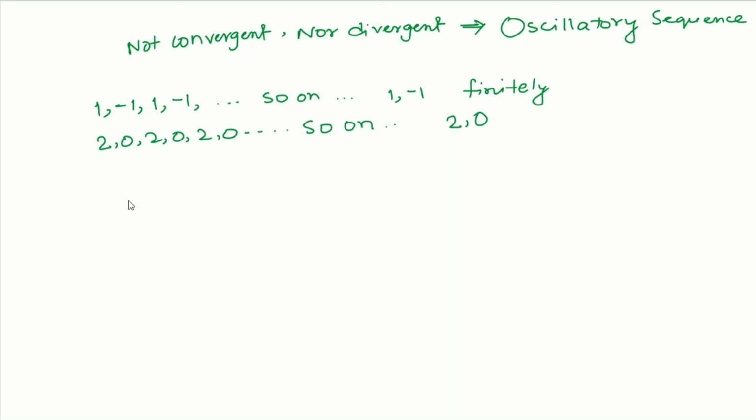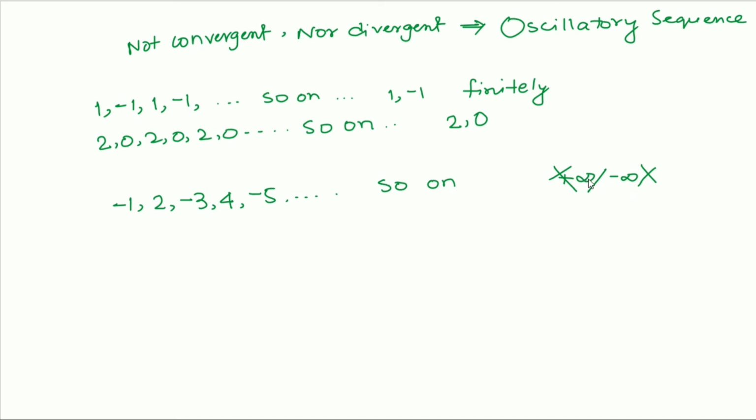If we take another example, -1 as the first term, 2 as the second term, -3 as the third term, 4 as the fourth term, -5 as the fifth term, and so on, we see that this does not diverge to plus infinity or minus infinity.